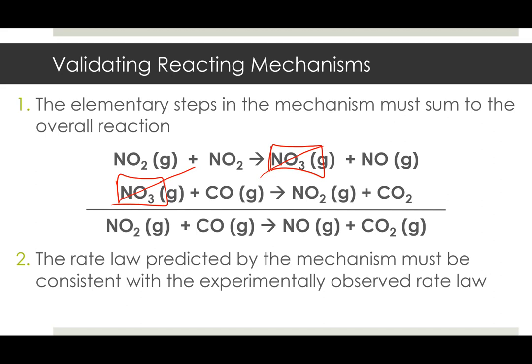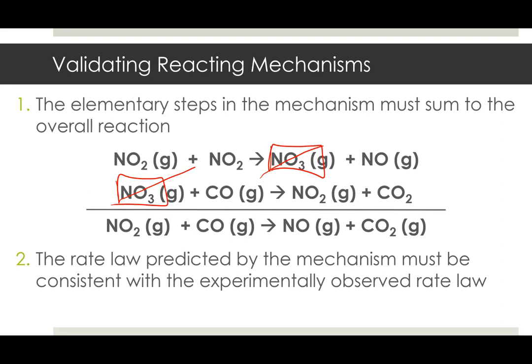So if we know the elementary steps, we don't necessarily have to do the data collection to predict the rate law. We can predict it based on the rates of each of the individual steps, and this will be consistent with the experimentally observed data, okay?